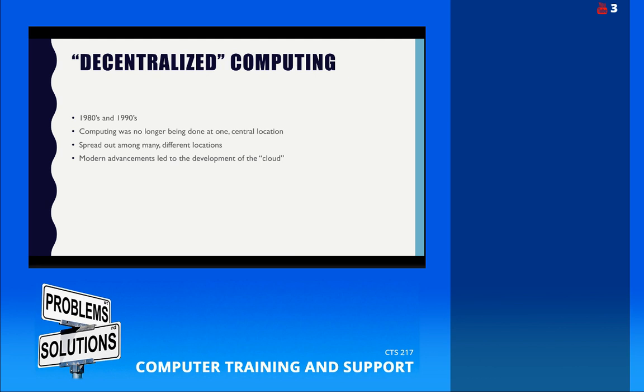So we've decentralized computing. We've taken the computer from one big computer in one big room, and that's the only computer, to now, at a business, there are hundreds of computers. When you have one big computer, it can still kind of be tough to manage, but it's just one big computer.